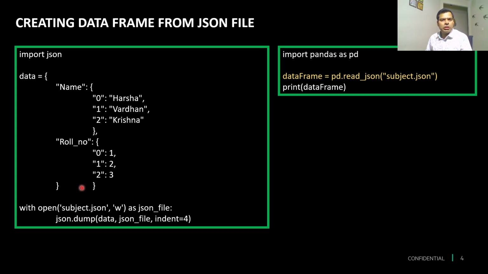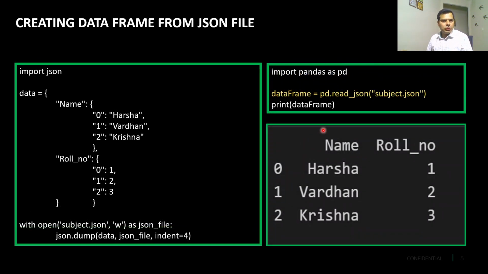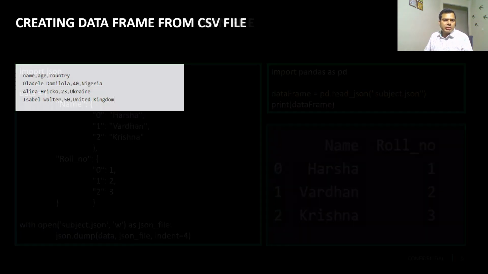And this is how it looks. Once we have the DataFrame in our hand, we can just print it and see how this data looks. It looks like tabular, two-dimensional data, which has two columns and three rows. So once it is in tabular format, it is easy to understand.